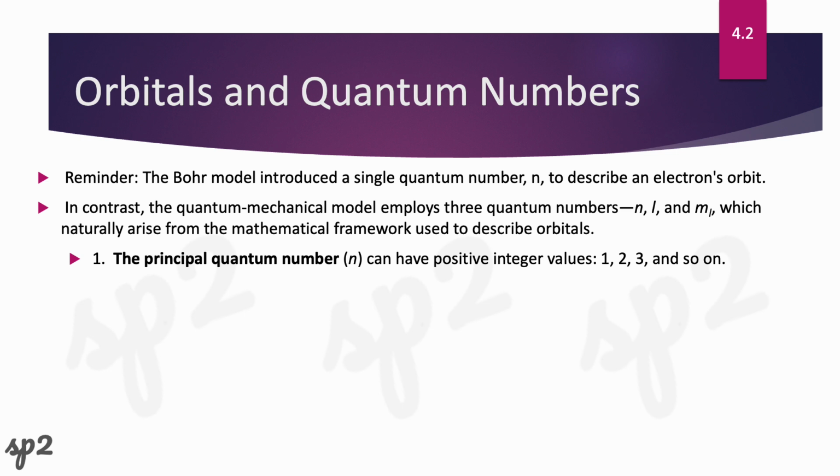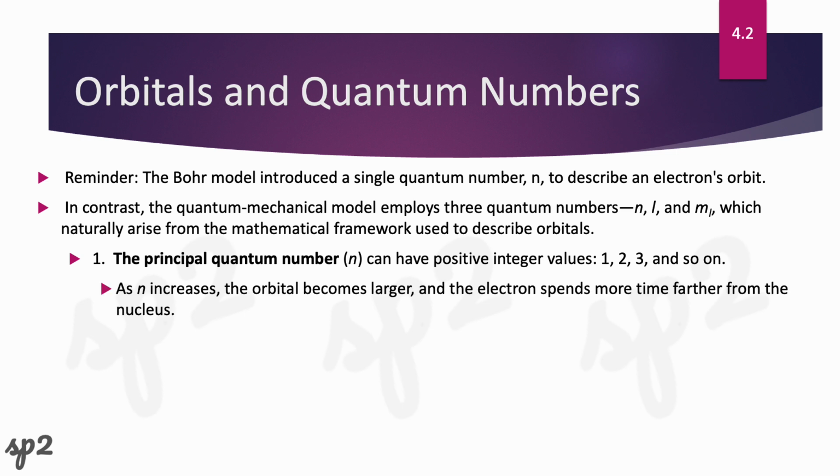Starting with the very first one, which is the principal quantum number n, that must always have a positive integer value, starting from 1. So 1, 2, 3, and any other value higher than that. As n increases, everybody listen up, the orbital becomes larger and the electron spends more time further from the nucleus.